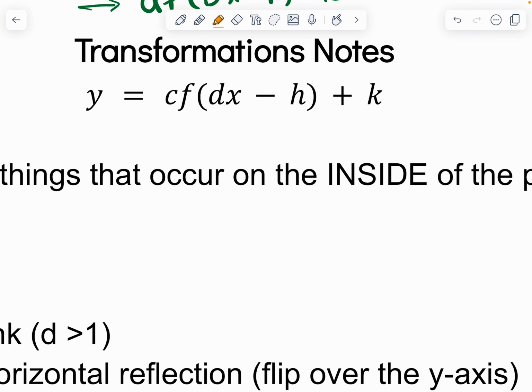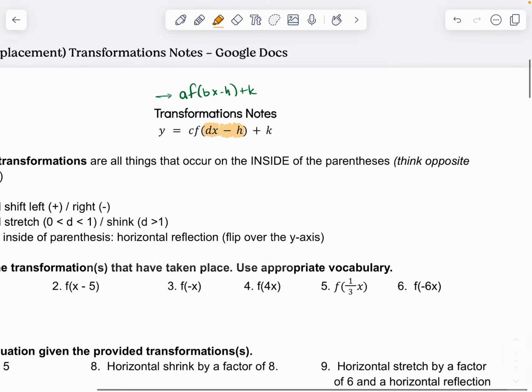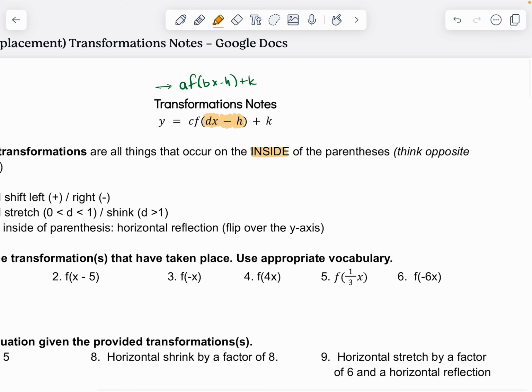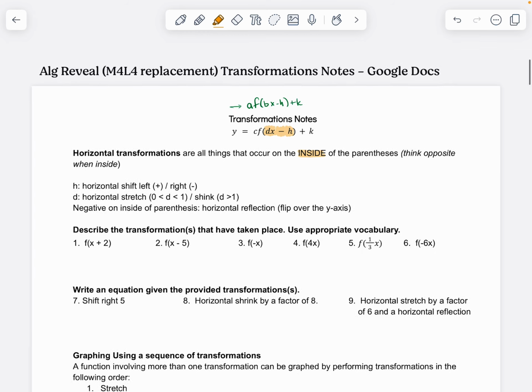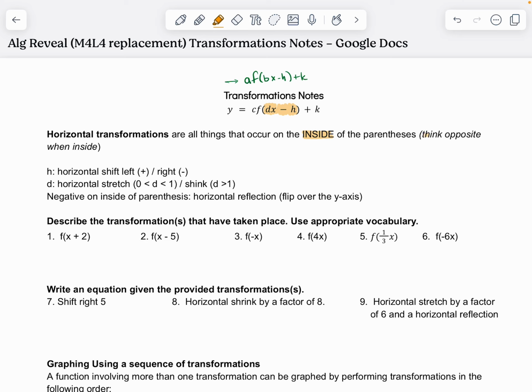All the stuff that's happening on the inside of the parentheses is something that's happening horizontally. So all of the stuff that's happening on the inside is the horizontal transformations. And every time you think of this, we're going to think of the opposite operation.